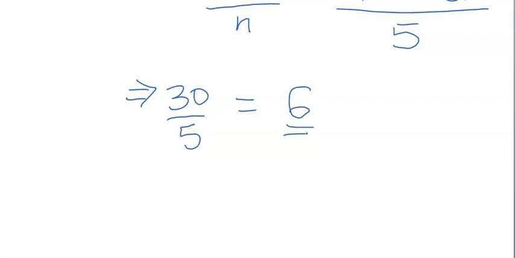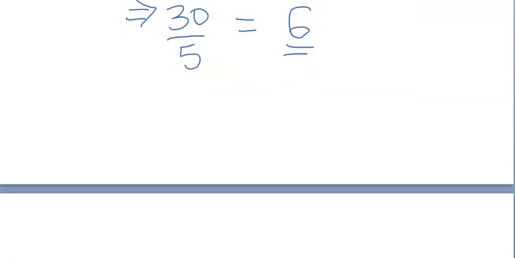Now let's move on to our next measure of central tendency, which is the median. The median is the middle value when the data set is ordered or arranged from the least to the greatest.